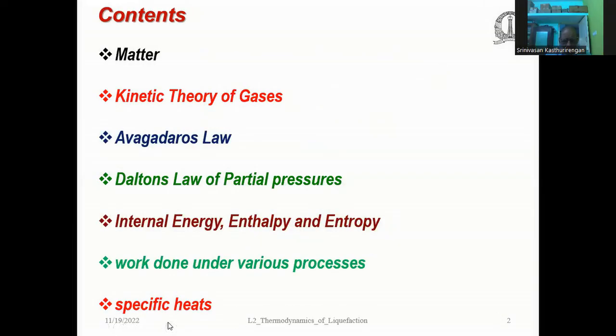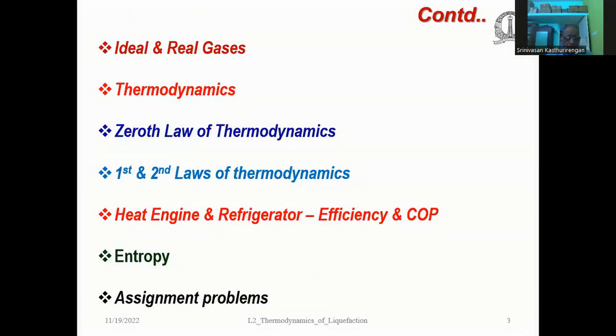The basic things we are going to talk about are the concept of matter, the kinetic theory of gases, Avogadro's law, Dalton's law of partial pressures, the concepts of internal energy, enthalpy, and entropy, and then work done under various processes, the specific heats, then the distinction between ideal and real gases.